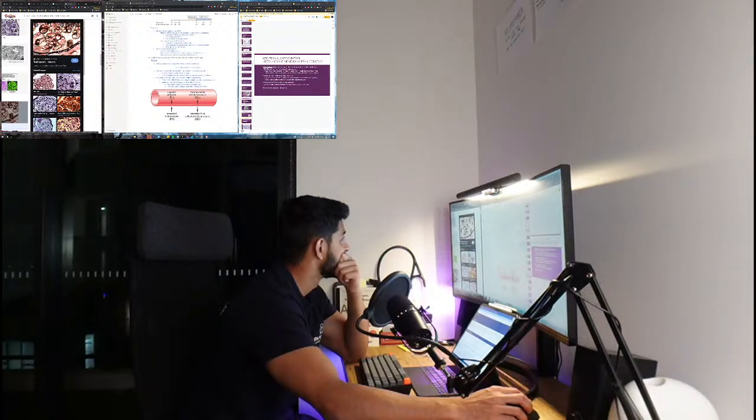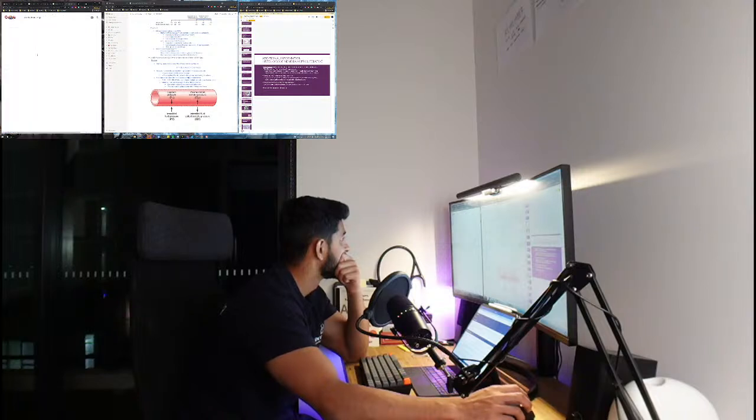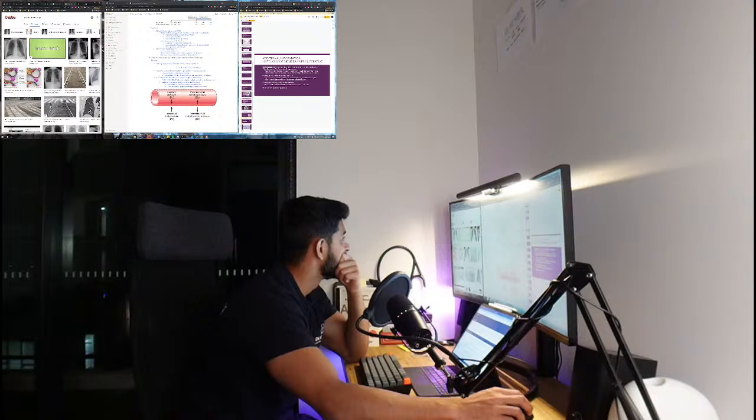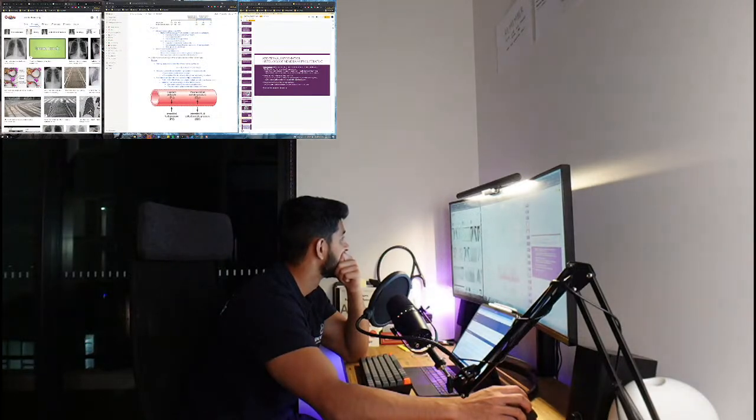No, this is part of the glomerulus. I'm seeing endothelial cells. Not tram tracks on a chest x-ray, not actual tram tracks.